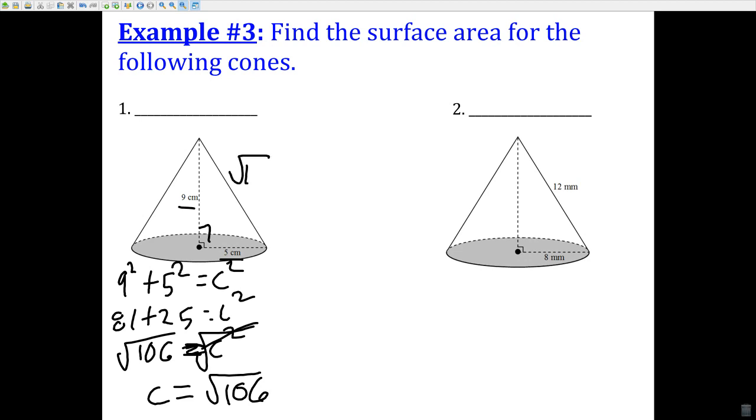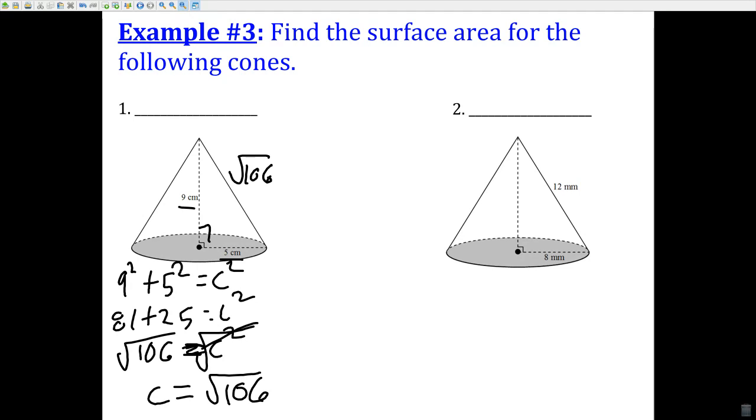Why did I not put the decimal form? Like I said before, you want to use the exact value. You don't really want to round this just yet. That could change your answer a little bit later. So just use the square root of 106 for now.